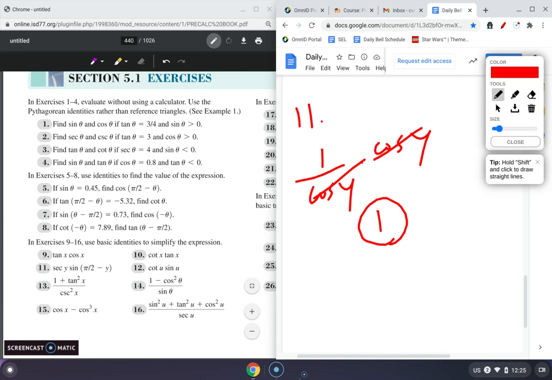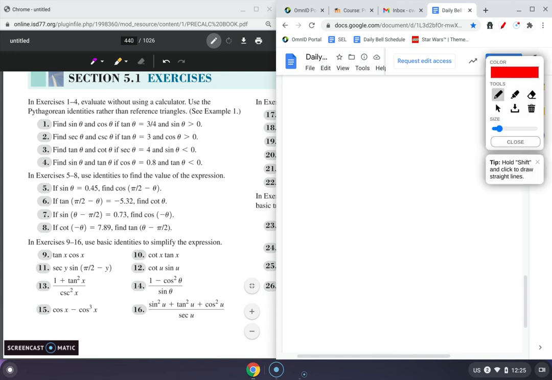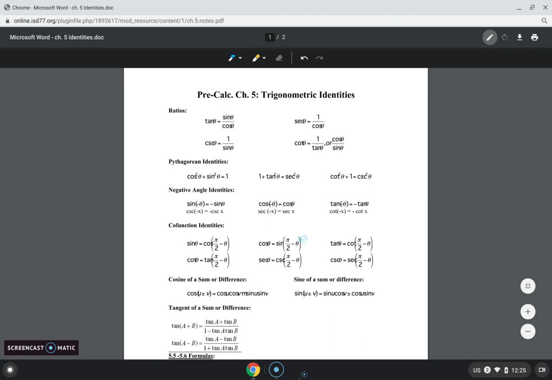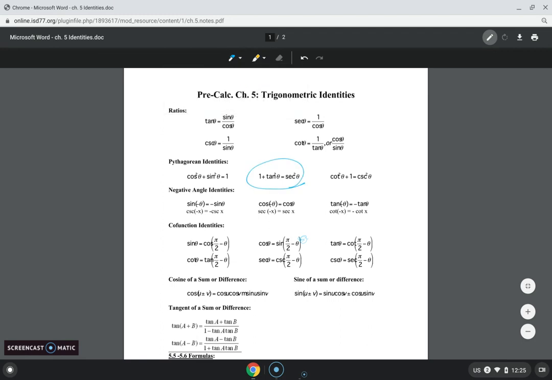Okay, let's try number 13. So 1 plus tangent squared over cosecant squared. So let's go back over to here. 1 plus tangent squared. Well, we can see right there that is the same as that one.